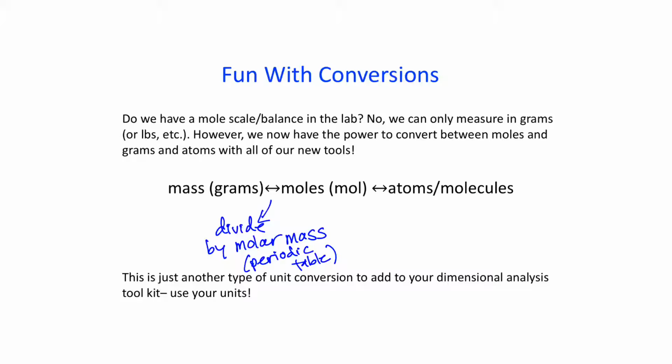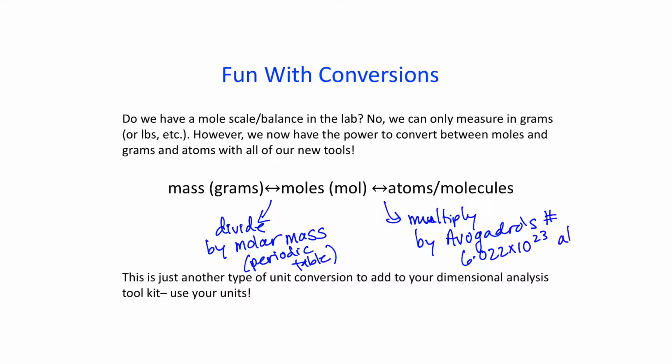Remember, we do that using Avogadro's number. So in this case, we would multiply by Avogadro's number. Remember that's 6.022 times 10 to the 23rd atoms, etc. per mole.